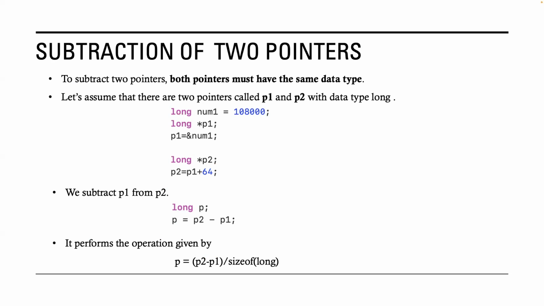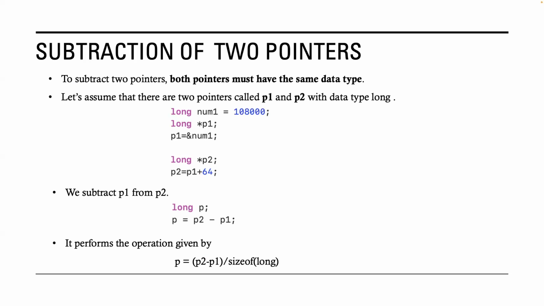And then we can also do the subtraction of 2 pointers. In this example, we have p1 and p2 pointers, and p1 points at the num1 variable. You can neglect the rest.